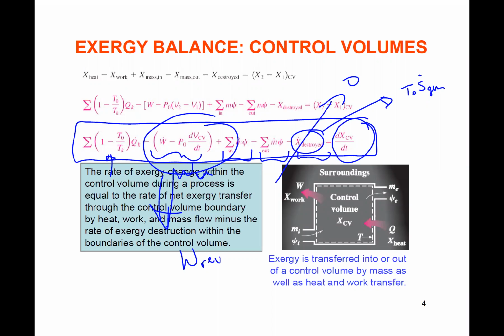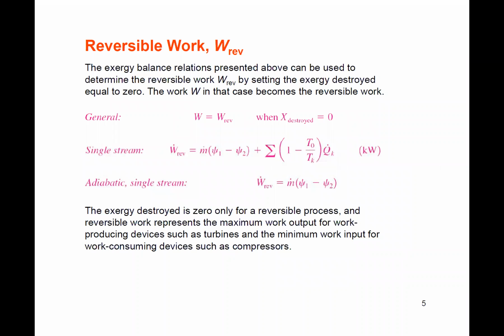What reversible work would we have to put in, or what reversible work would we get out, if we had no irreversibilities? So that's this one, where you make work equal to work reversible. We set X destroyed equals 0, and we just apply our states and the heat transfer to it, and we see what we get.